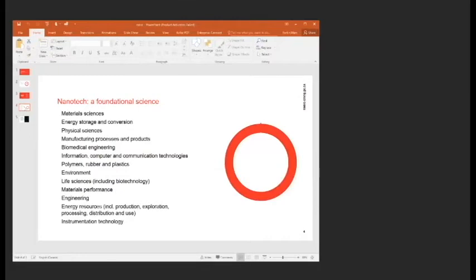And the University of Waterloo, of course, has done a good job at connecting nanotechnology science and developments to many different sustainable development goals of the United Nations. So on that basis, we do believe it is a foundational or horizontal science and enabling technology.